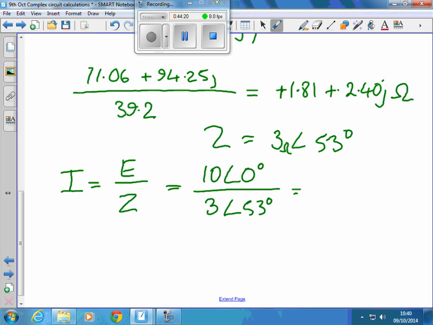Ten divided by 3 is 3 1/3 amps, angle must be minus 53 degrees. Does that fit with CIVIL? Current lags voltage in an inductive circuit. Yep. Good.